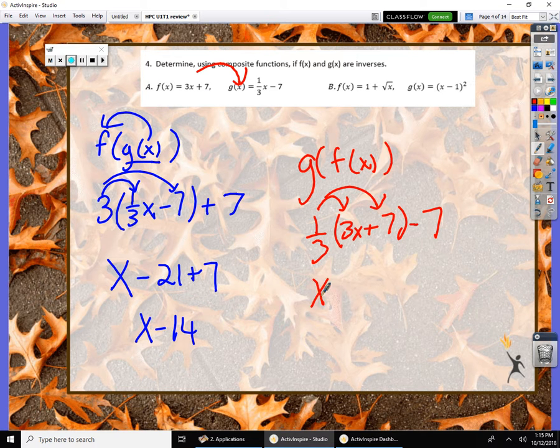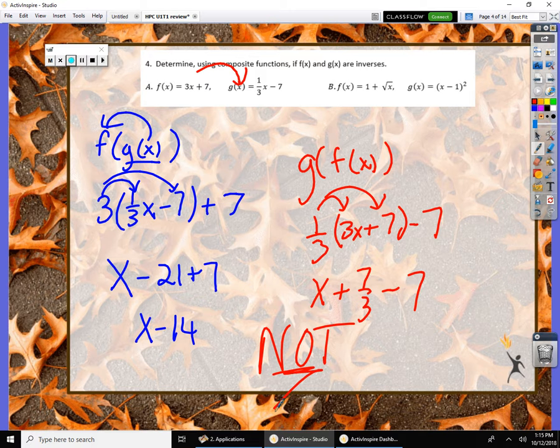I get x plus 7/3 minus 7. I'm stopping because I know 7/3 minus 7 is not going to give me negative 14. Therefore, they are not inverses. They are not inverses. A-okay?